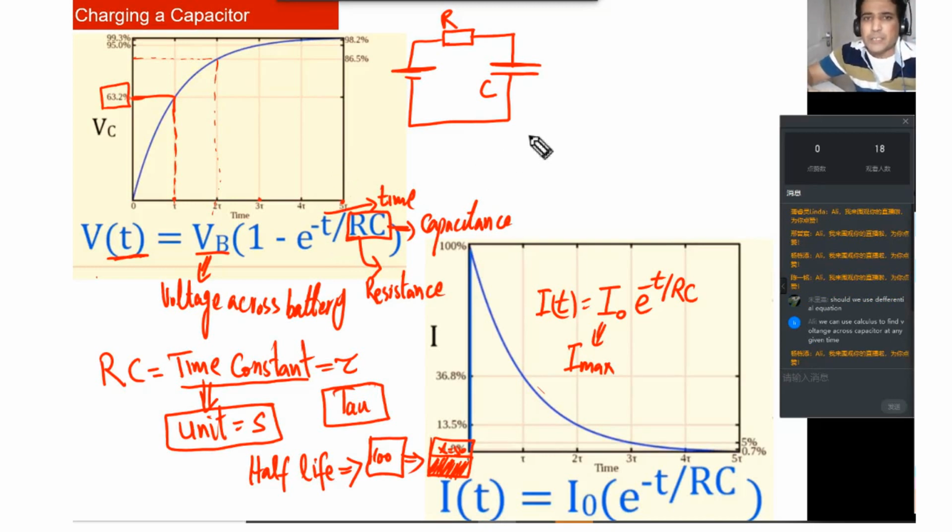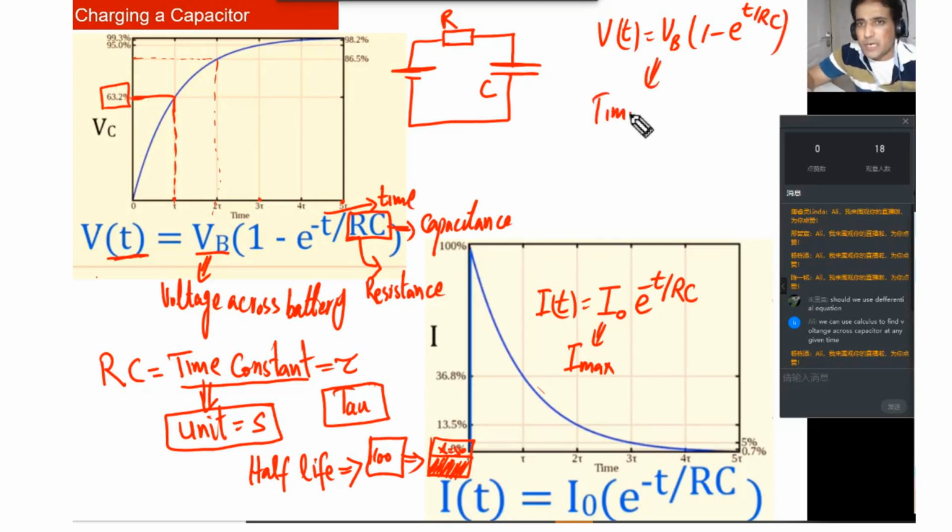So let me ask you one question now. If I give you this formula, and if I ask you how long this capacitor will take to discharge completely. So how long will this take to discharge completely?